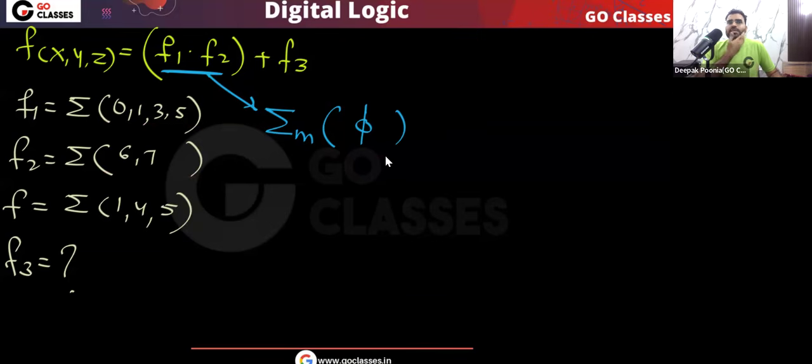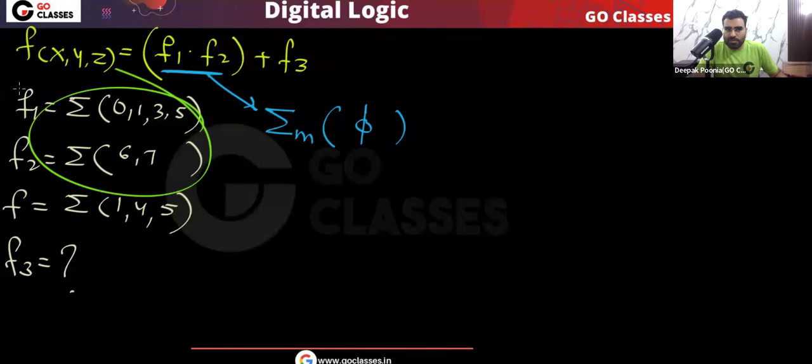You can see that f1 and f2 is 0 in all the rows, or for all the input combinations, f1 and f2 is actually 0. There is no input combination where f1 and f2 is 1. Is this clear? Very simple point. We need to combine f1 and f2 with respect to the AND operation with respect to minterms.